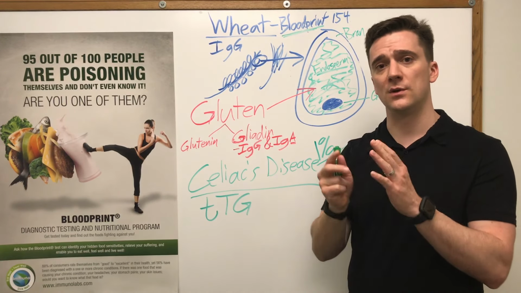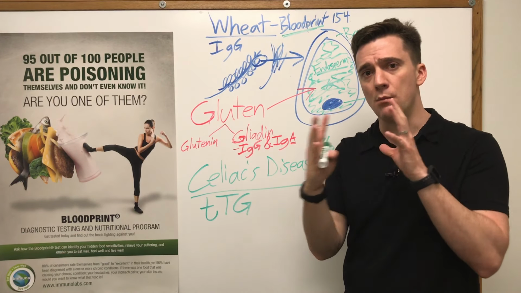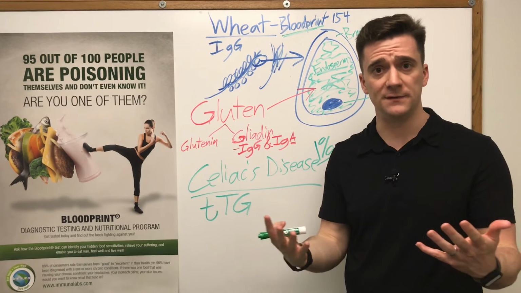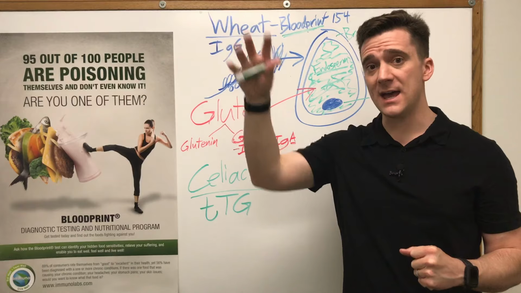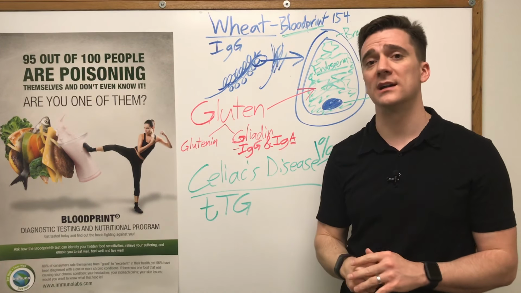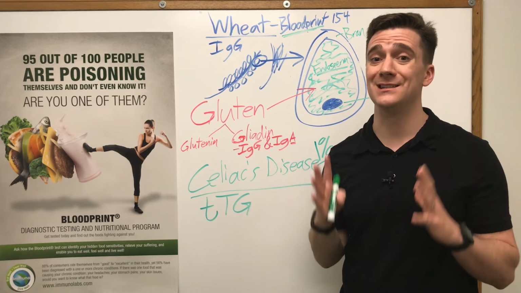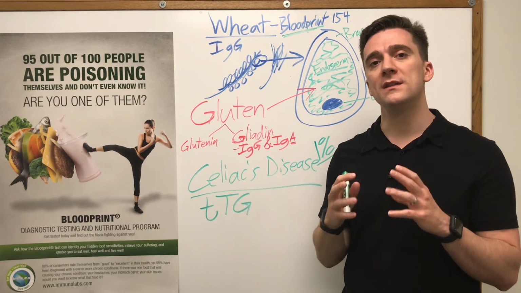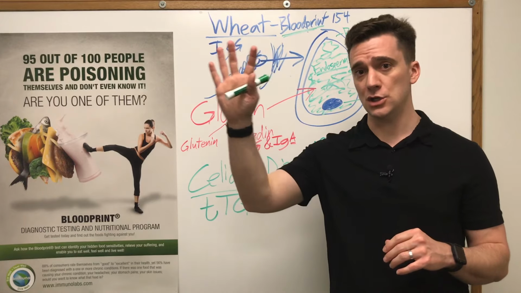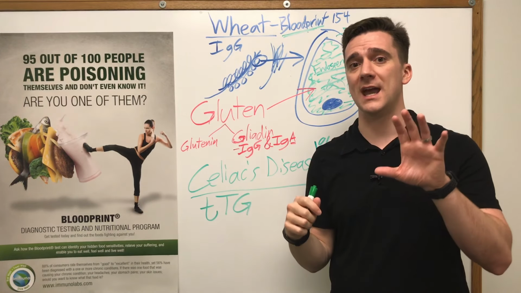Another example of how we can step through and give more information as you go if needed is with egg. So if you come up reactive to egg, fortunately I did not come up reactive to egg, but it is in our top 10 most inflammatory foods. So if you are reactive to egg, we can then dissect and find out, is it egg yolk that you have an issue with, or is it the egg white?